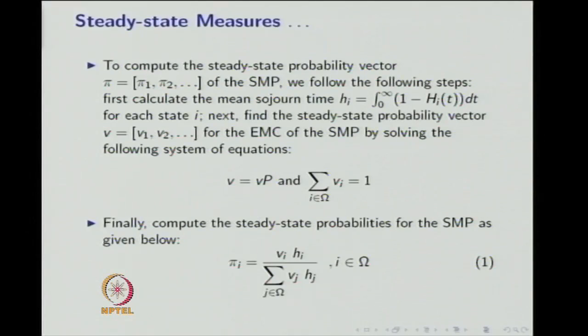To compute the steady state probability vector, let us assume that pi is the vector, pi 1, pi 2 are the elements for the semi-Markov process.